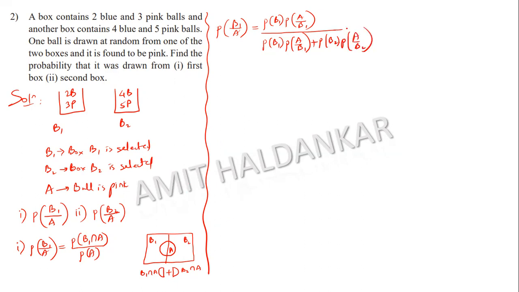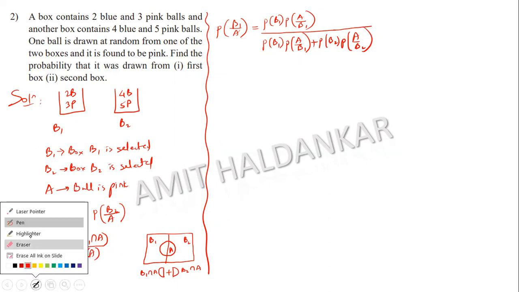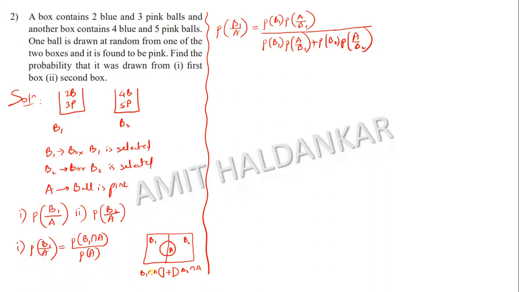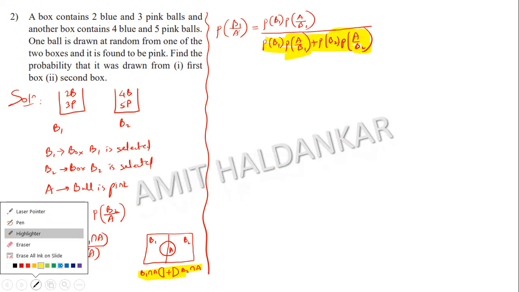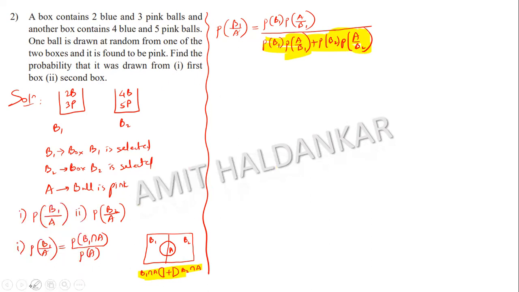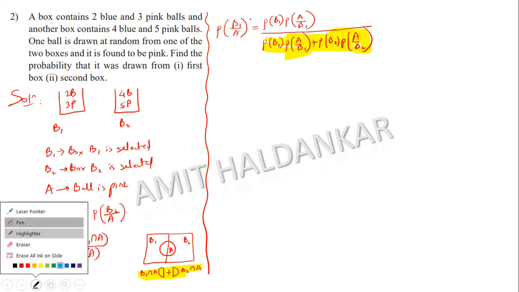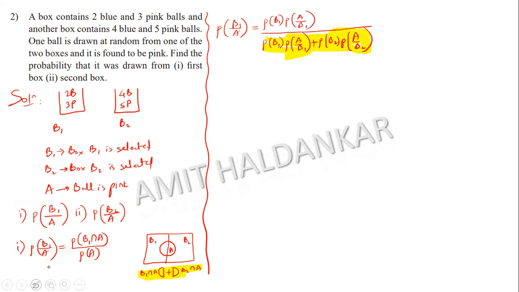Now P of A I have found by using the total probability theorem in the denominator, and this entire thing over here is nothing but Bayes theorem. ये जो मैंने पूरा लिखा है यही है Bayes theorem का पार्ट.